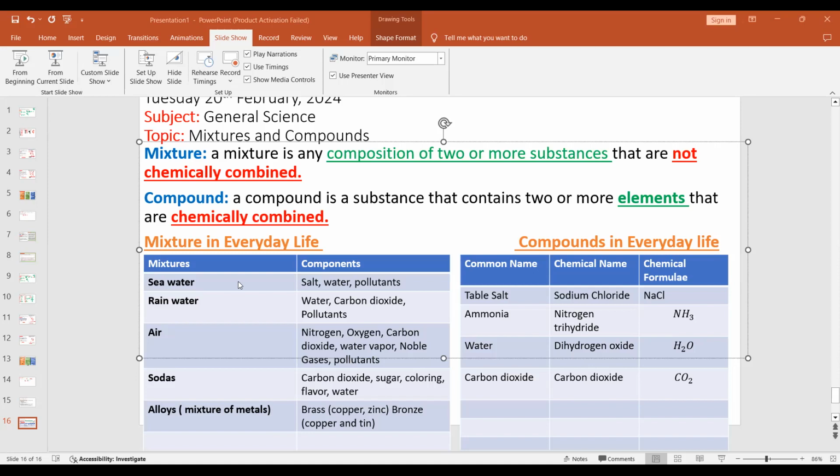Rainwater. Yes, rainwater. And Malik, what do we mean by a mixture? Composition of two substances that are not chemically combined. Yes, that are not chemically combined.